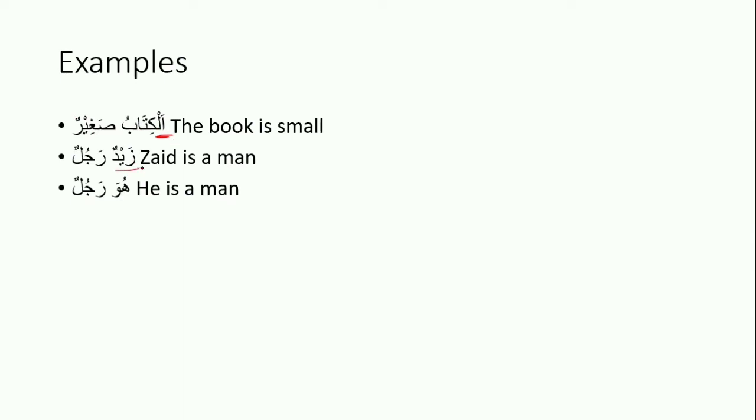Zaydun is a proper noun, so it's a subject, because proper nouns are definite, and being definite fits the criteria of being a subject. And Rajulun, which means a man, is a predicate. Huwa is a pronoun, hence it's definite, which makes it the subject. Rajulun is indefinite, which makes it the predicate. He is a man.